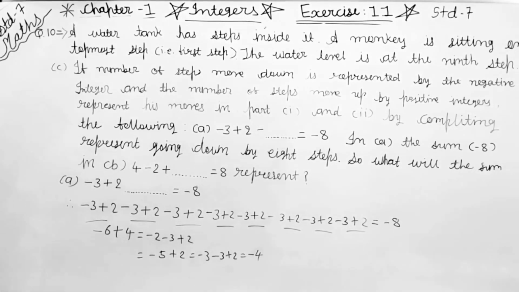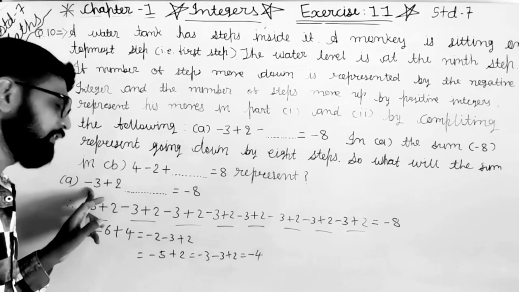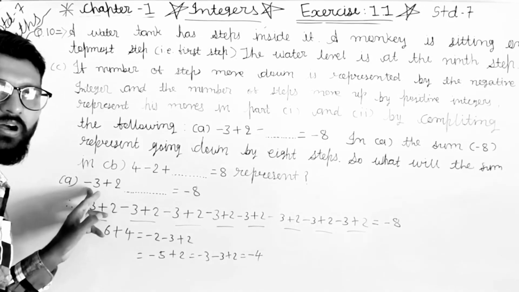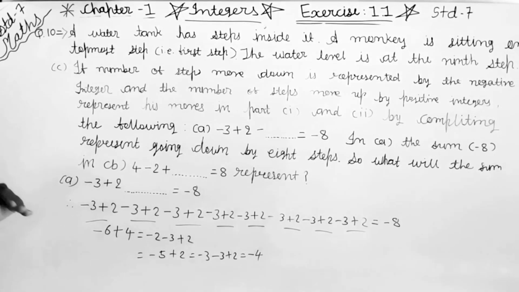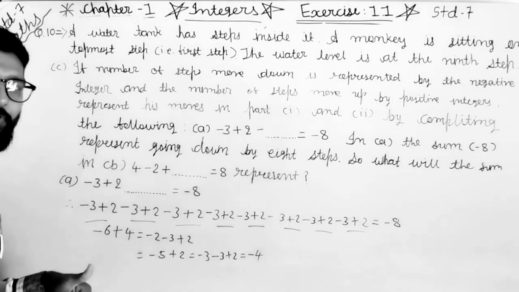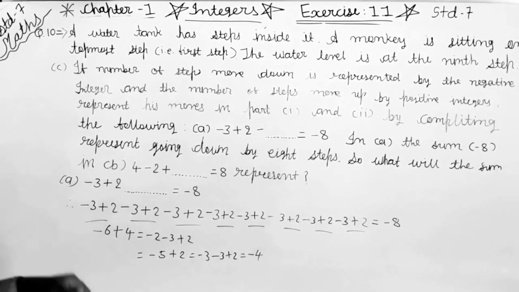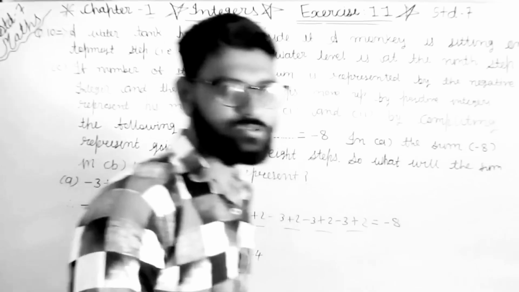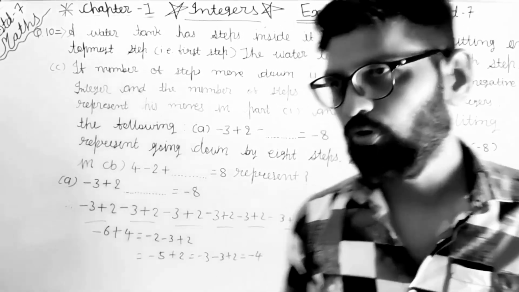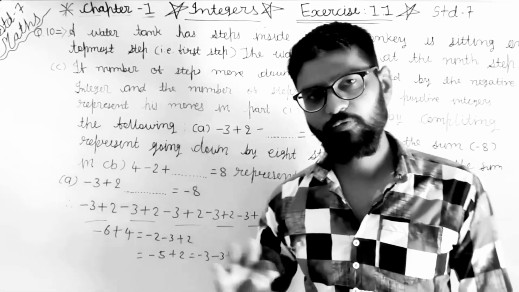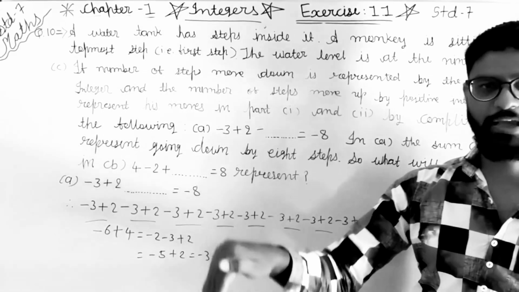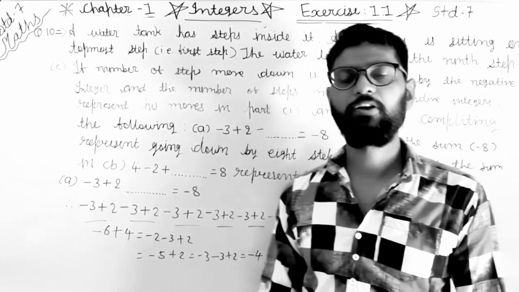Is that clear? See, I am explaining once again. Minus 3 is our step as per question number 8, the first question, when the monkey was going downwards. First of all he jumped 3 steps and came back 2 steps.